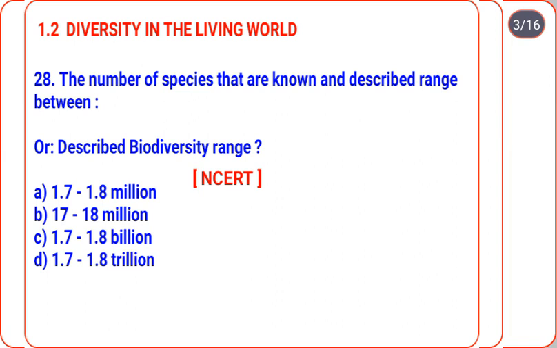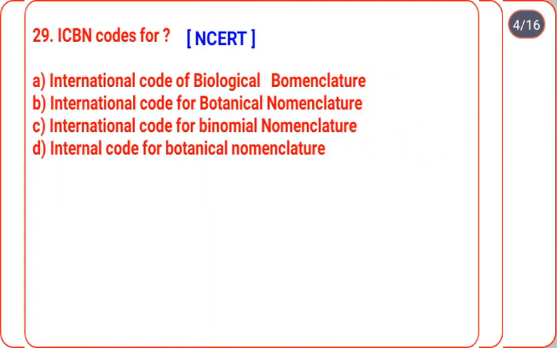So our correct answer is option A, because 1.7 to 1.8 million is the described biodiversity range. Okay, next question number 29.